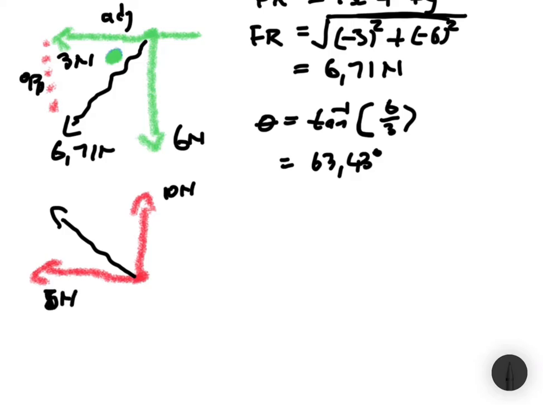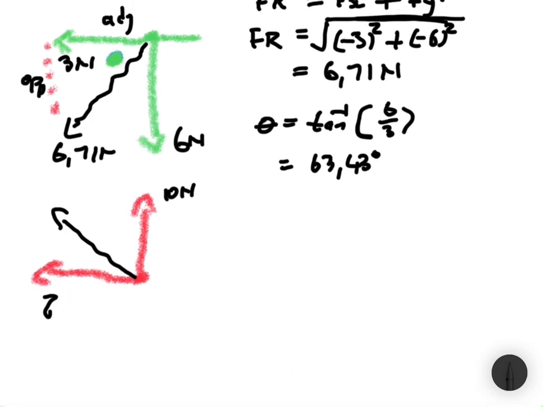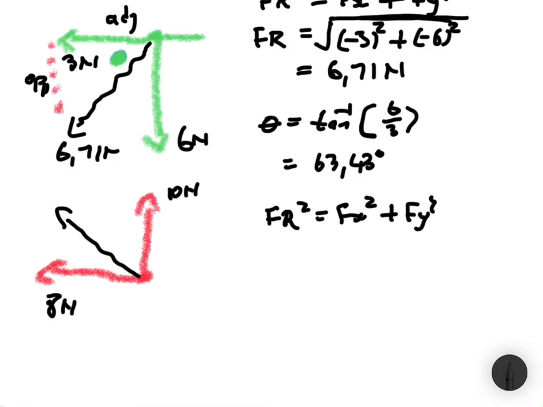So step number 1, we're going to find the resultant. So we have F resultant squared equals Fx squared plus Fy squared, right?